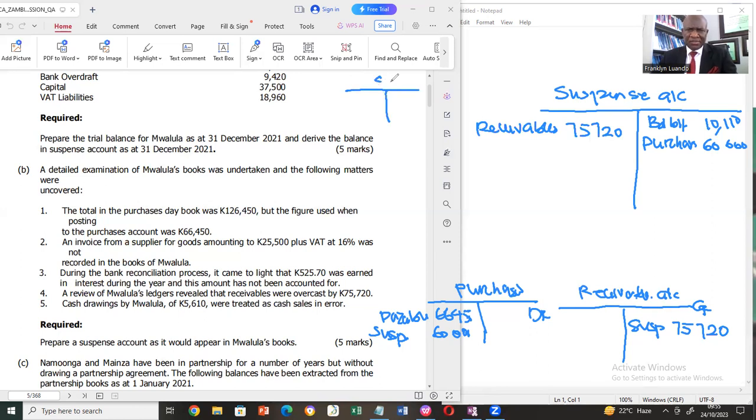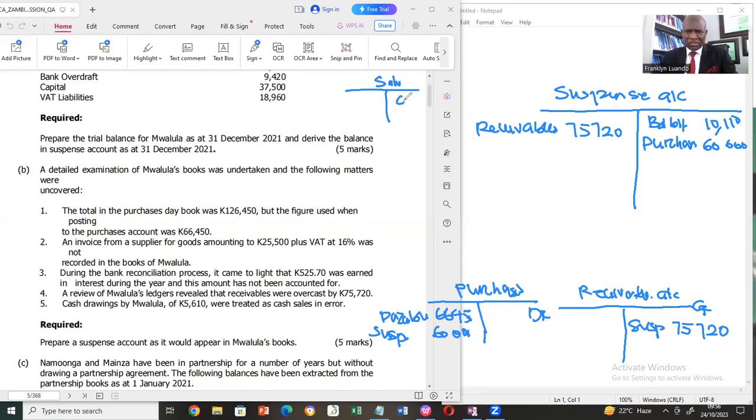It was treated as sales in error. So it was put here, and you must be able to remove it.